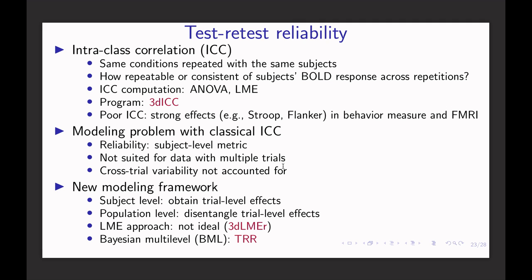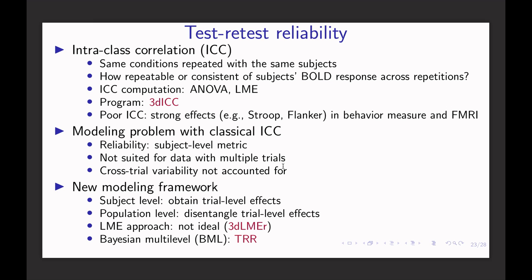But there's a catch here. If you follow the literature, the reliability is really poor. Not just for FMRI, even in psychology, the famous tasks like Stroop or flanker tasks show really poor intra-class correlation values.